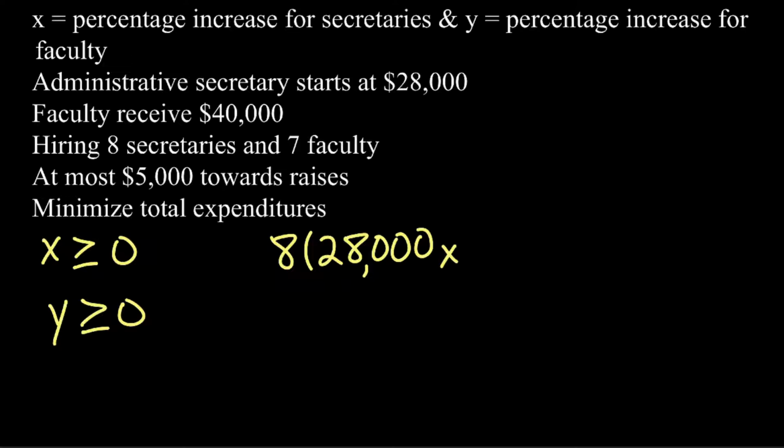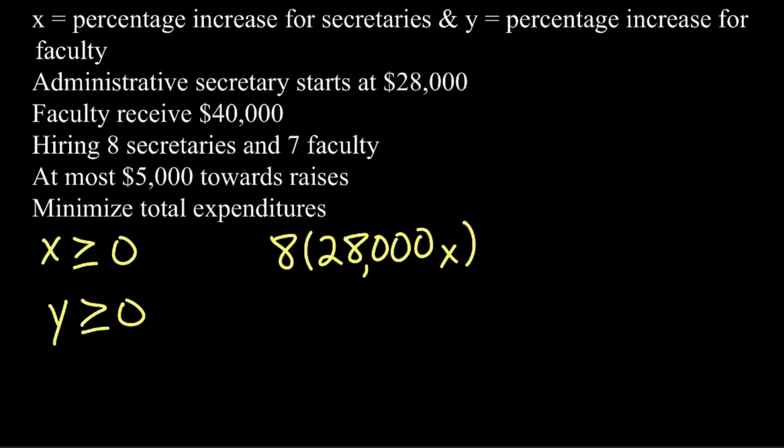If you multiply the secretary's starting salary by x, that would be the amount they're going to increase the salary by. Multiply that by 8, and that will be the amount they're going to increase salaries for all 8 secretaries.